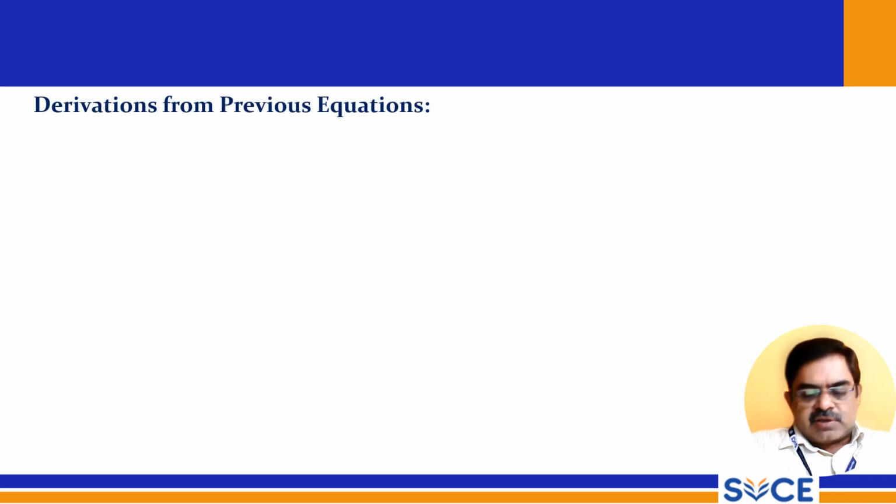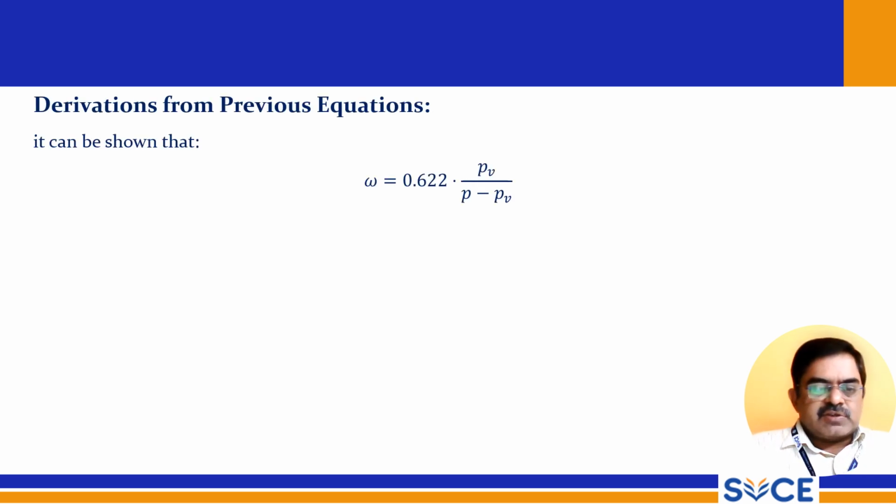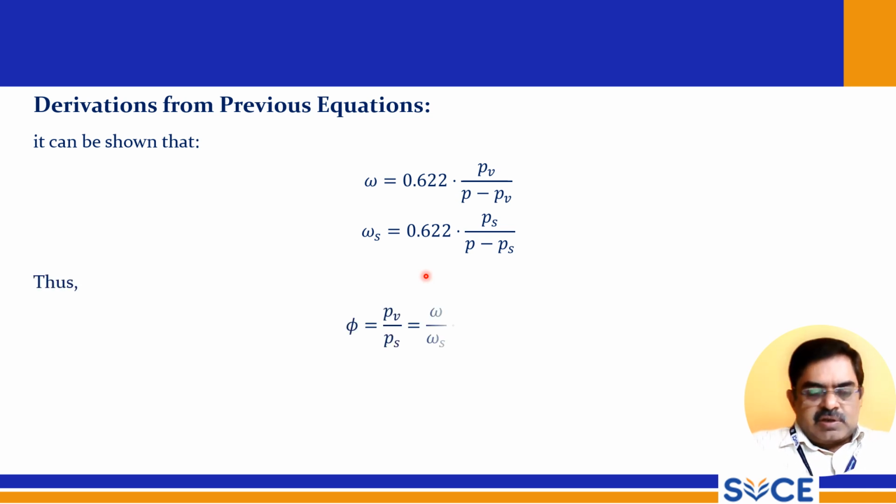From the earlier equations, it can be seen that omega equals 0.622 into Pv by (P minus Pv), and omega s is given in terms of Ps. Now relative humidity phi is Pv by Ps, which equals omega by omega s into (1 minus Ps by P) divided by (1 minus Pv by P).